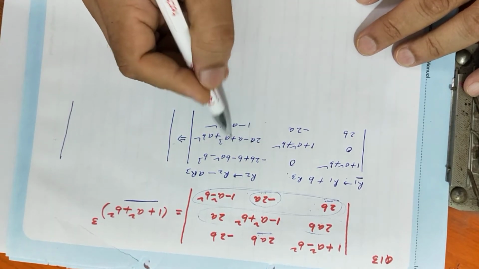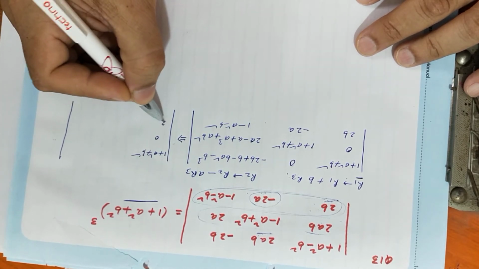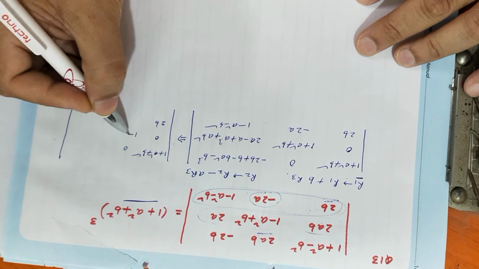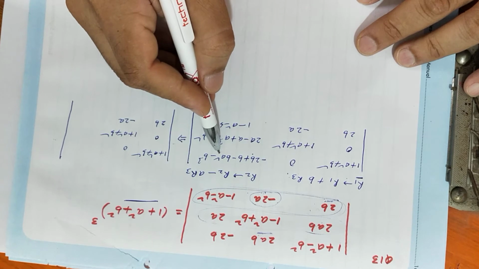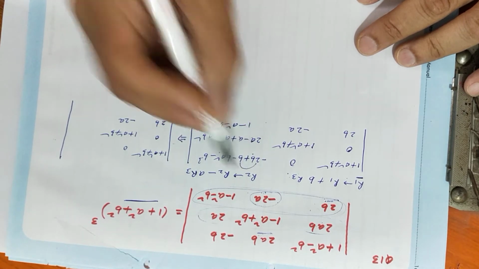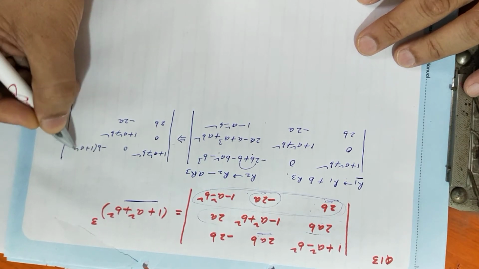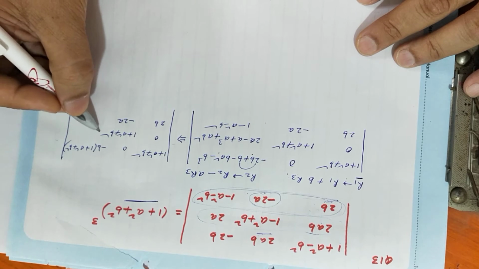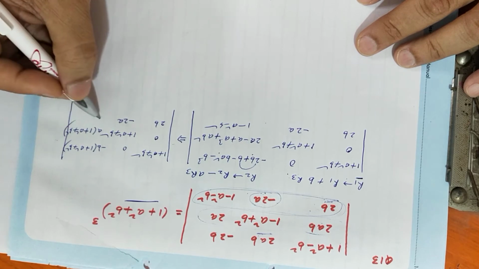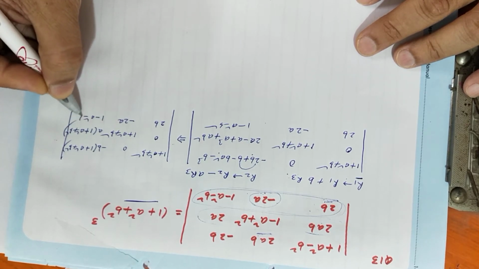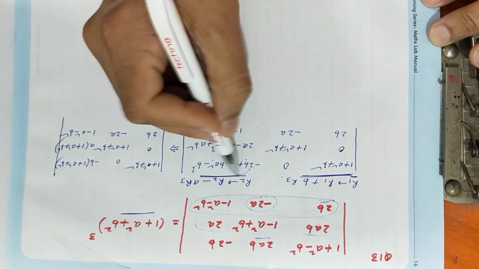We will write these in simplest form: 1 + a² + b², 0, and here is −b(1 + a² + b²); 0, 1 + a² + b², a(1 + a² + b²); and 2b, −2a, 1 − a² − b². After simplifying this, from here these two are like terms, so we can take −b common. Okay, we are applying these two operations.